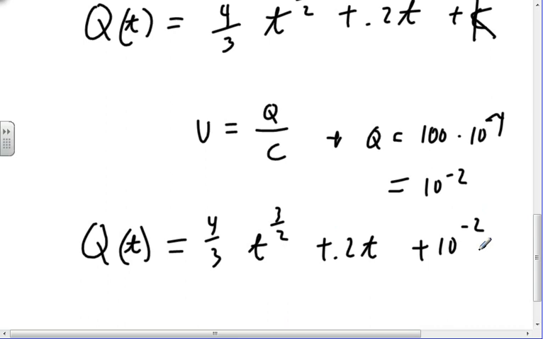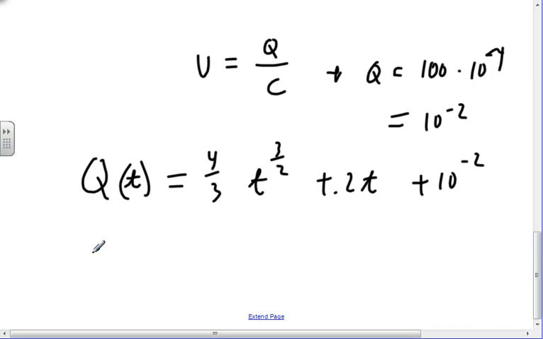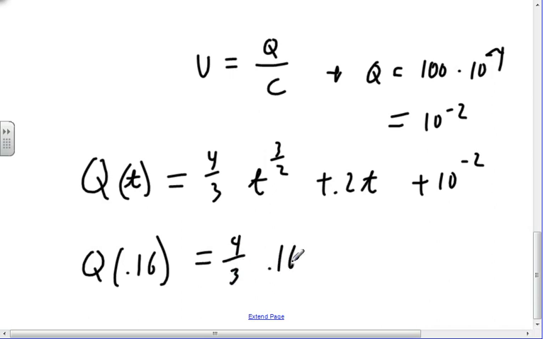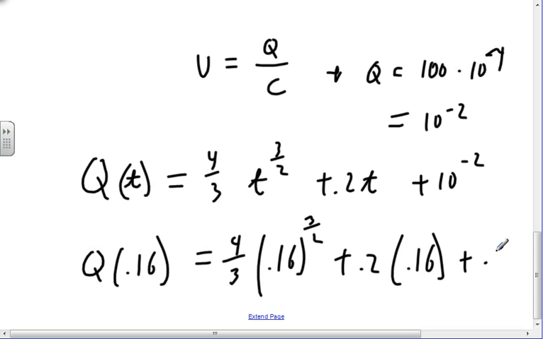Now we're supposed to find the voltage across the capacitor at time t, right? Okay, so Q at 0.16: 4/3 times 0.16 to the 3/2 plus 0.2 times 0.16 plus 0.01.